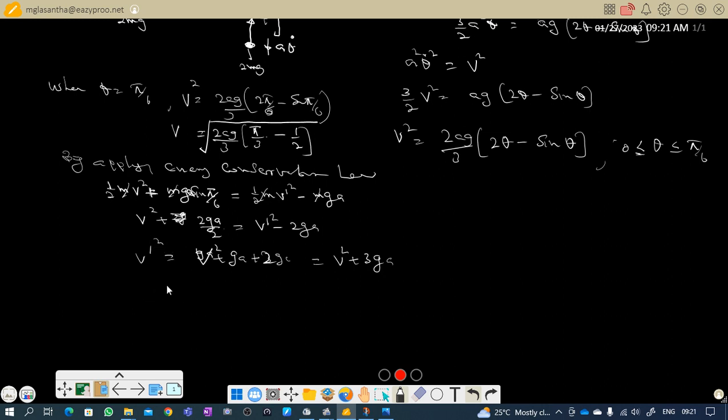So v dash equals the square root of 2ga by 3 times 2 pi by 3 minus half, plus 3ga. So you can take ga out.